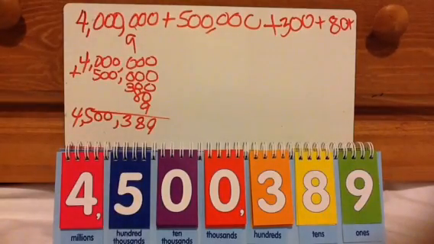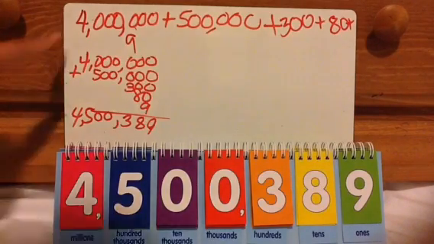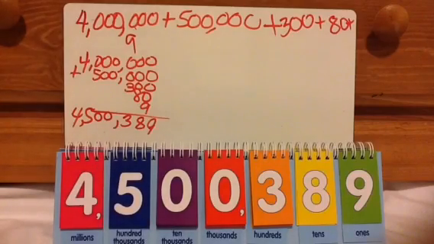Now, if you have an assignment full of these, you can kind of pick and choose. It just depends on what your teacher says. But if it's all the way to the billions place, this takes forever. So maybe on the billions, write all your place values down at the bottom and very carefully and slowly write the horizontal answer, number sentence.